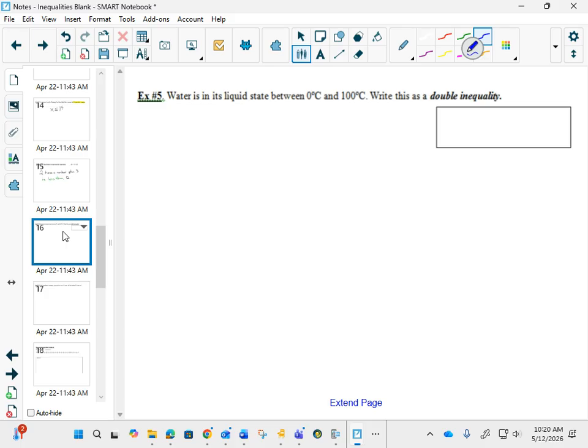So if it's in a liquid state between 0 and 100, we write this as a double inequality. Double inequalities can be read 3 ways. If you read it from left to right, this says 0 is less than x is less than 100. I could add the degree symbols here, so we have degrees Celsius.